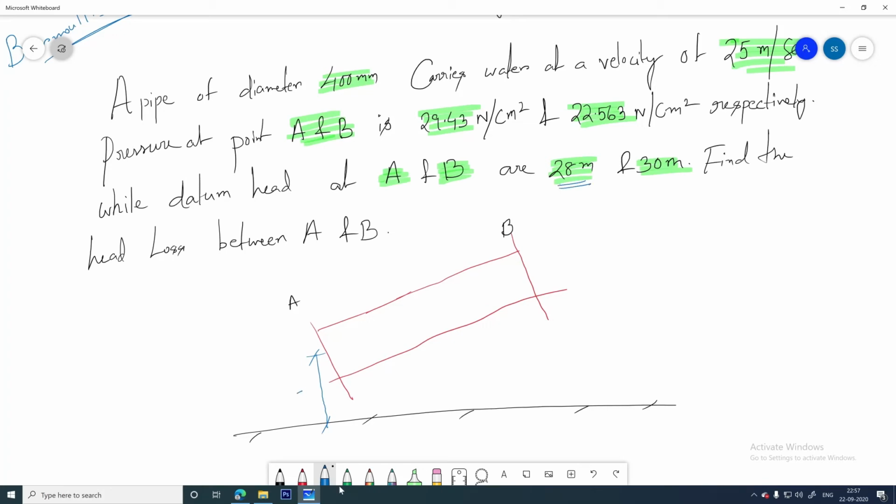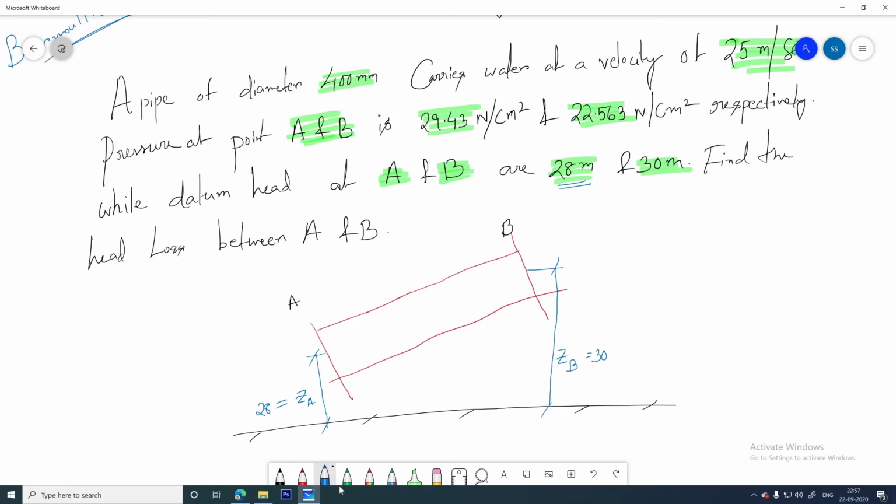Consider that one ZA and that one ZB, where ZA is 28 meter and ZB is 30 meter. What other details are given?